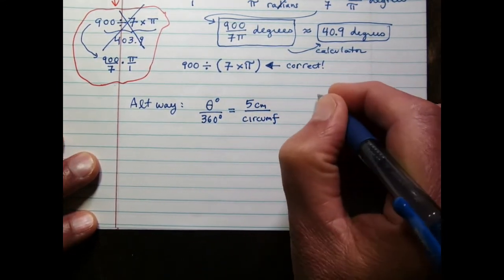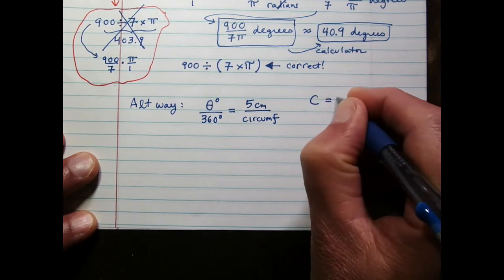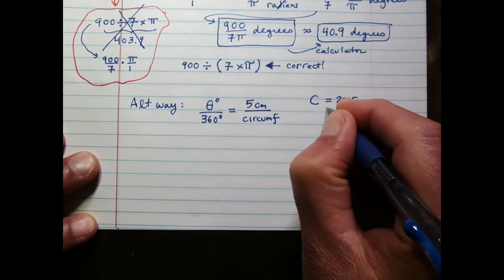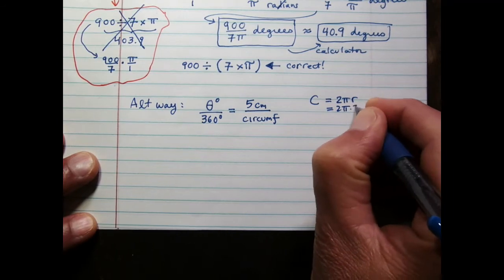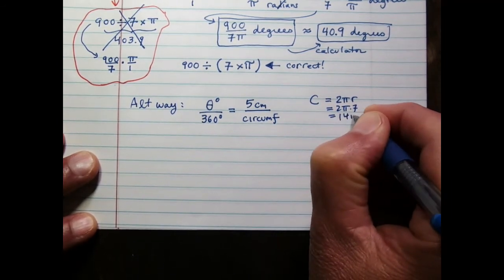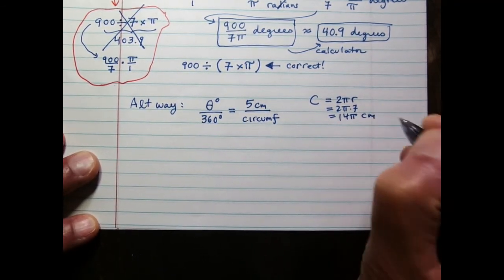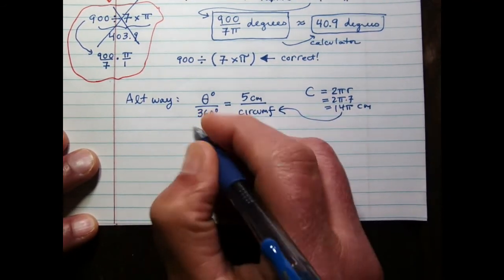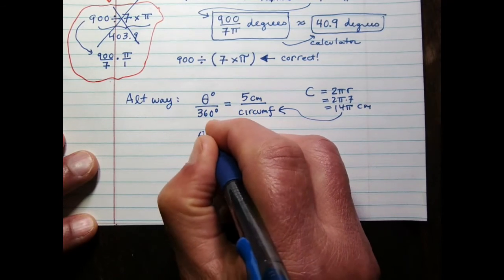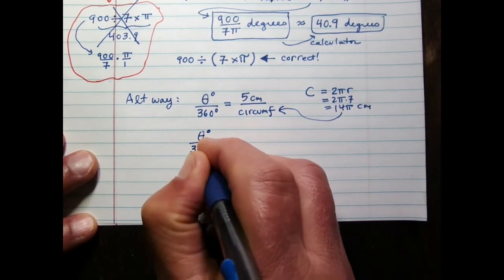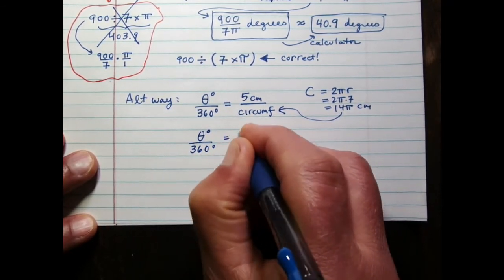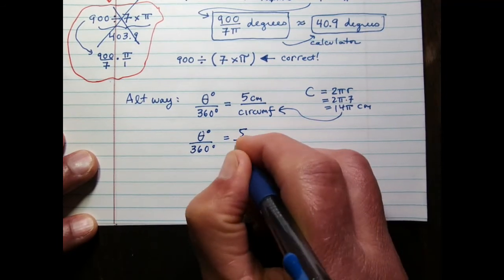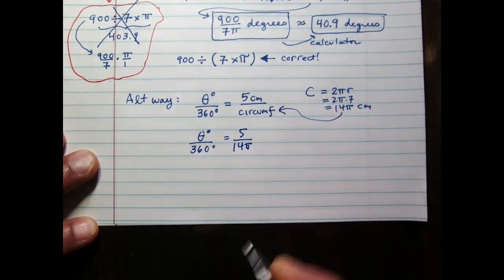And the circumference is 2 pi r. That's 2 pi times 7, or 14 pi centimeters. So we're going to plug that in here. So theta, now remember that's theta in degrees over 360 degrees, is 5 over 14 pi.